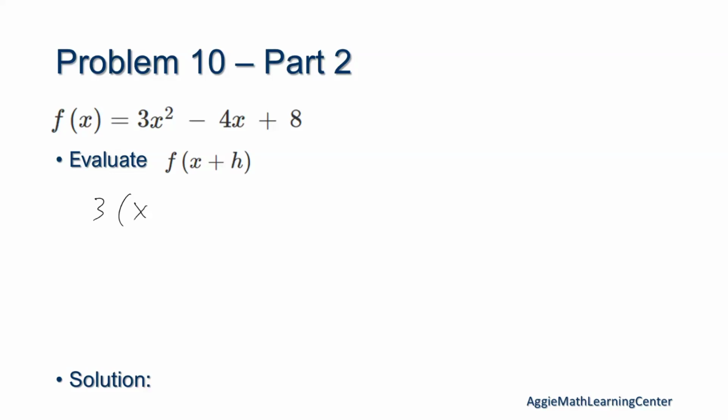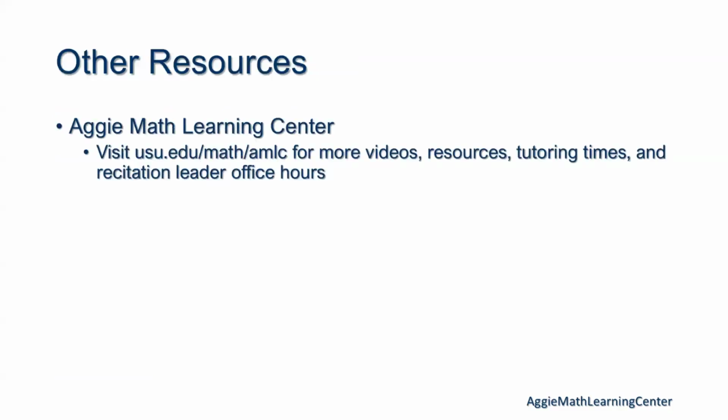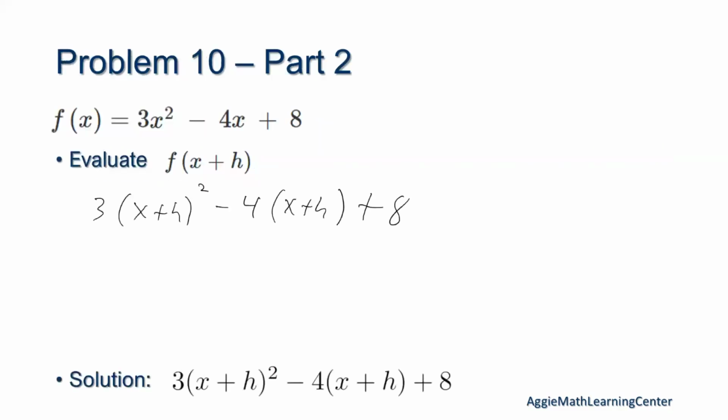So 3 times (x plus h) squared minus 4 times (x plus h) plus 8. You could distribute, but you don't have to. And as you can see at the bottom, that's the solution. Were there any questions on that? Okay.